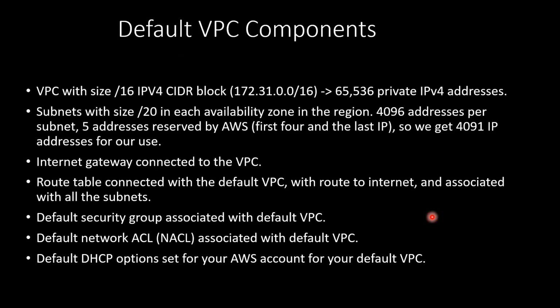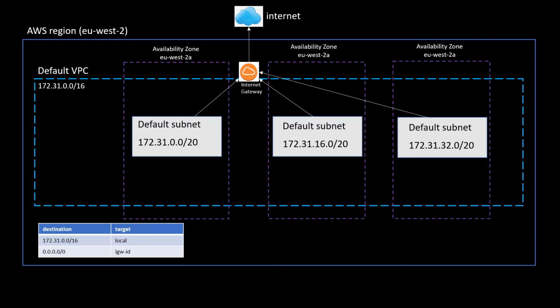You can modify the components of your default VPC as per your needs, and you can also attach additional subnets to your default VPC. So for example, you can use the default VPC with all the default settings we discussed, and also create additional subnets in it if required.